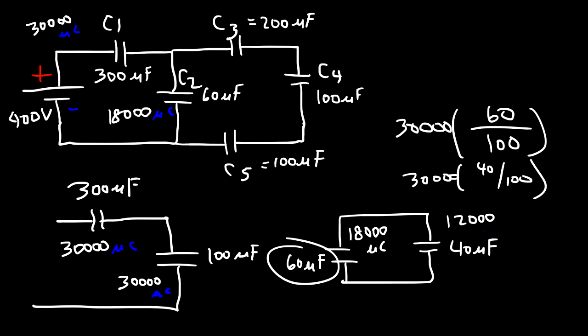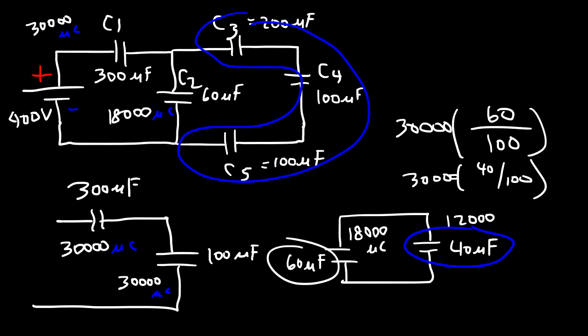Now let's focus on the 40 microfarad capacitor. We got that value from these three capacitors in series. And keep in mind, the charge of every capacitor in series is the same. And it's the same as the charge on the equivalent capacitor.